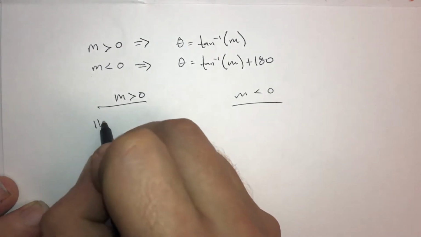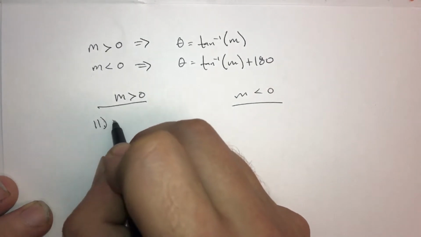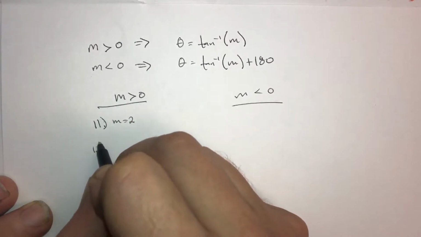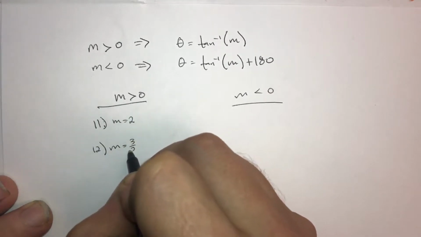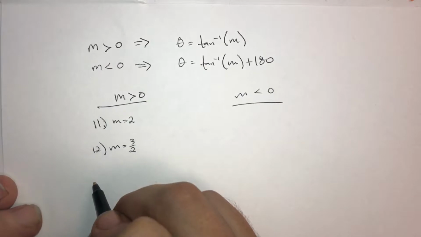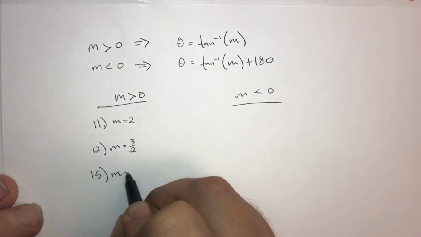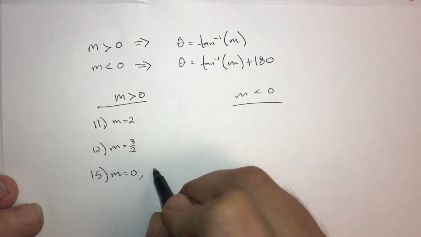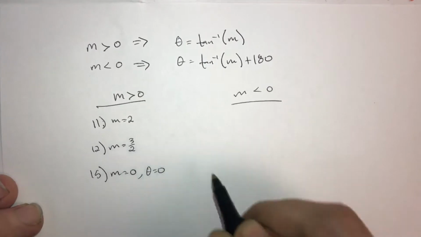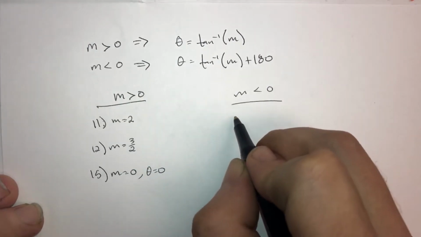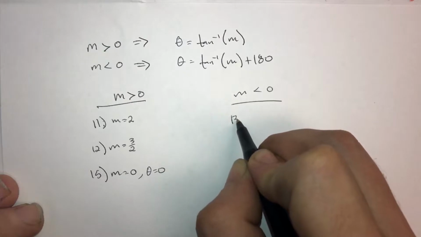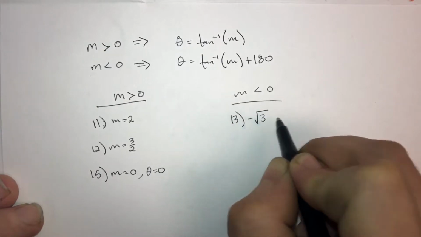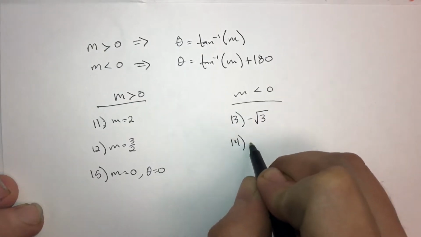Number 11, we have m equals 2. Number 12, we have m equals 3/2. Number 15, m equals 0. I already know that theta is going to also equal 0 for that one. Then negative slopes are negative square root of 3, negative 1.